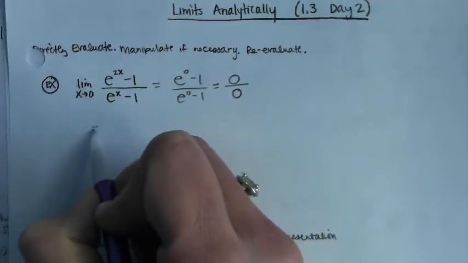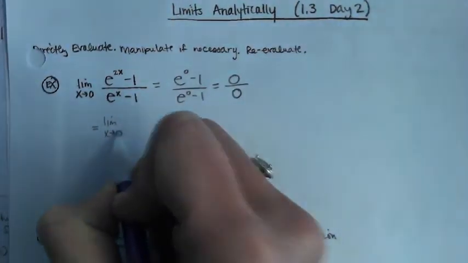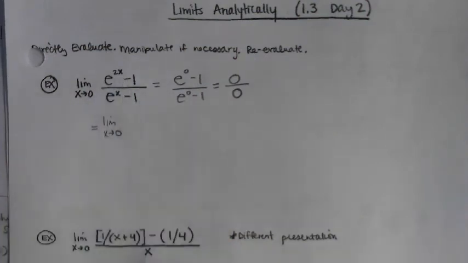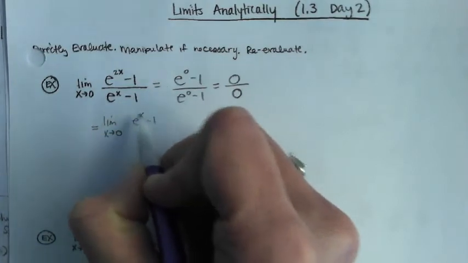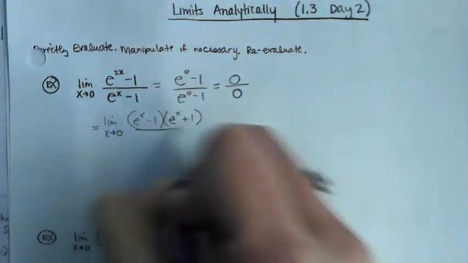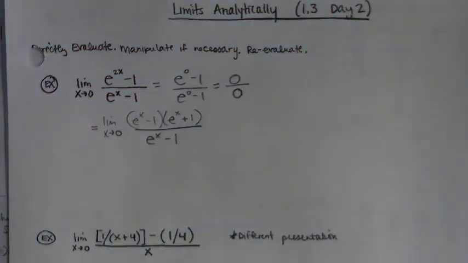How? The numerator is the, yes, Liam? Right. The numerator is the difference of perfect squares. You see it now? E to the 2x has a square root of e to the x, and 1 has a square root of 1.